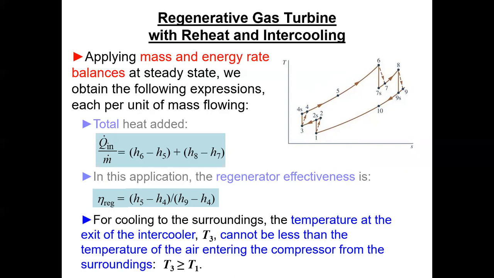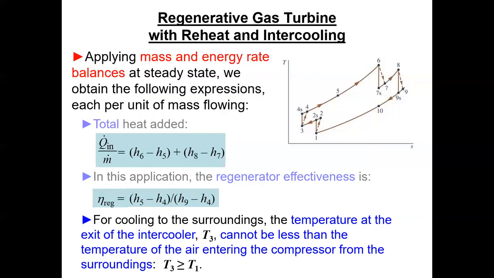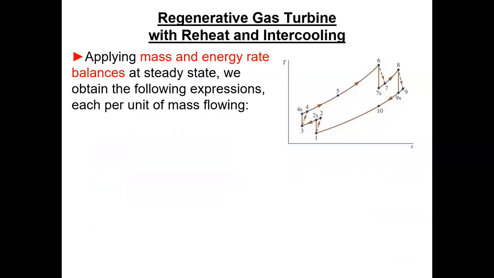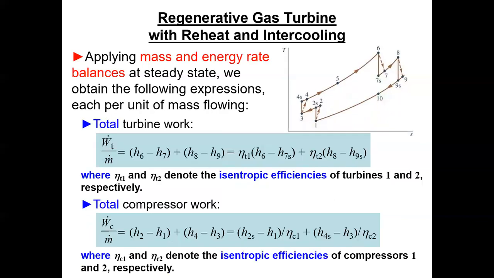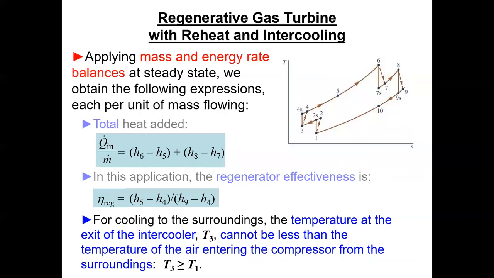And T3 can't be less than T1. So that's what we said before. Okay, any questions on this? Yep. So is that the hot fluid and that's the cold fluid? Okay, because 9 is what's going into the regenerator.